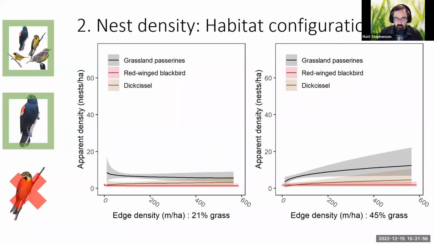In the 21% grass landscape, you can see those relationships are mostly flat, but the effect of edge density increased when there was more grassland habitat nearby, with higher nest densities predicted for red-winged blackbirds and grassland nesting passerines as a group, but not for dickcissels.